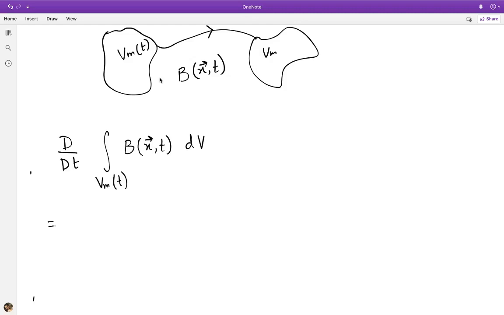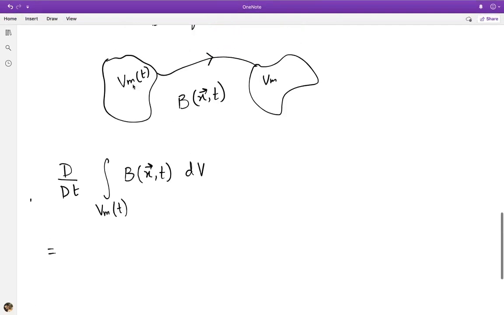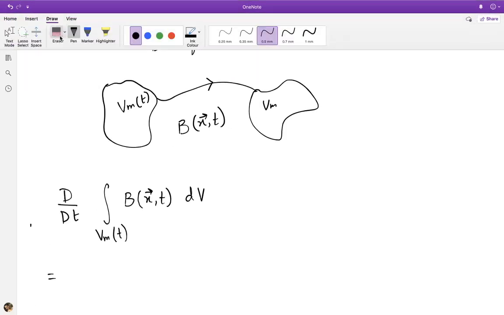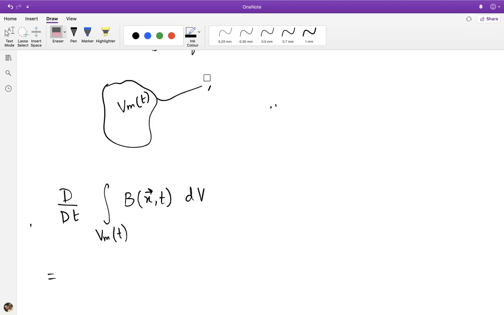So for this, let's go back and think about an infinitesimal change in volume. Rather than considering how the material volume transforms over finite time, since we are interested in a time derivative, we shall use the definition of a derivative, which is nothing but the difference in the quantity over an infinitesimal amount of time.